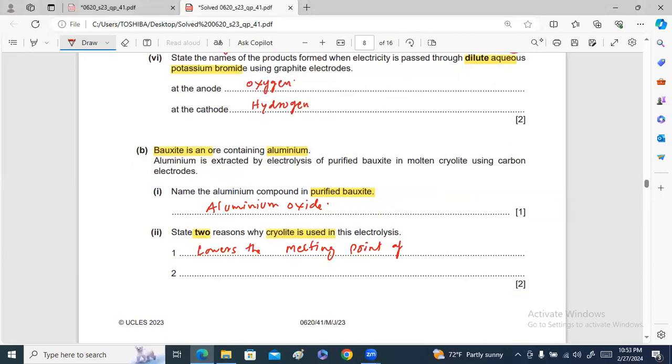And we can say that if it acts as a solvent, it dissolves aluminium oxide. It also improves conductivity by producing more ions.